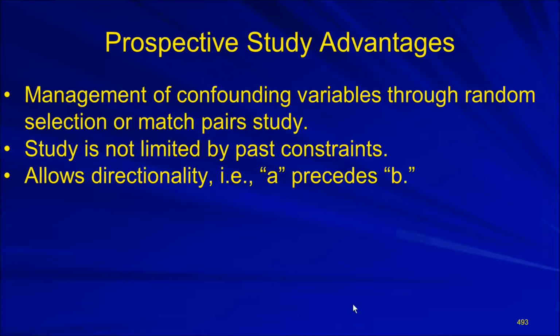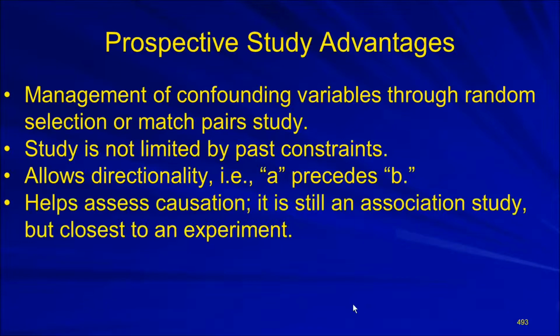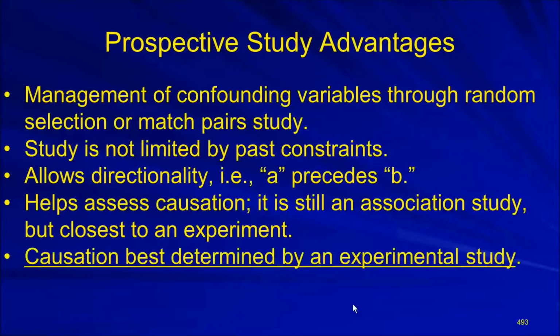This is why we do science. And as I mentioned, it helps assess causation, but it's still not a causation study, and that is only done through an experiment. And I mention that here, and I show it.